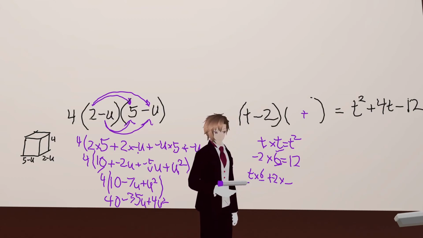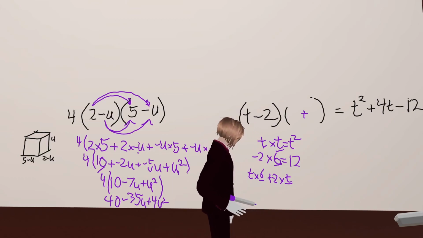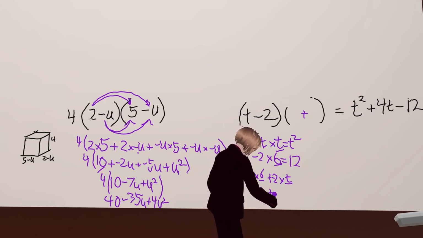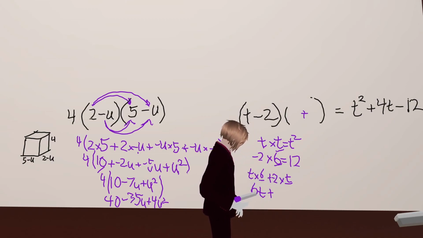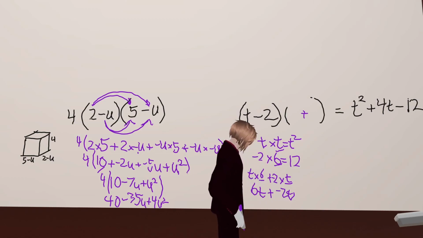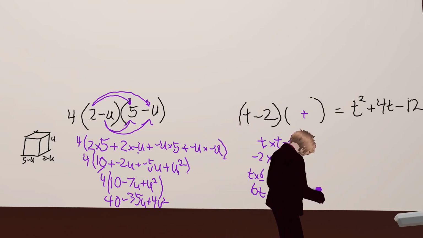So let's pair our pronumeral with our number and a number with our pronumeral. So t times 6 is 6t, plus negative 2 times t. So minus 2t. 6t minus 2t is 4t.